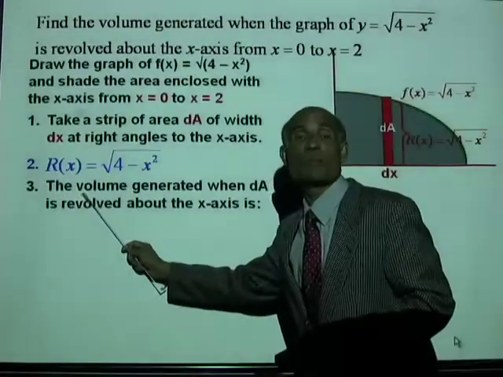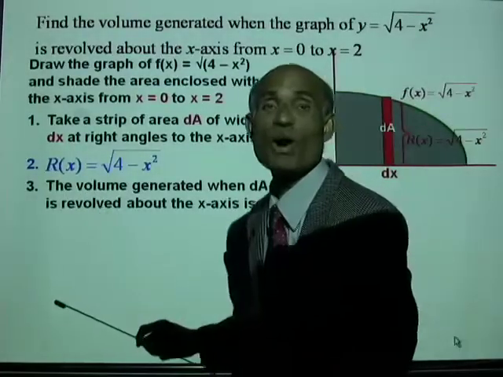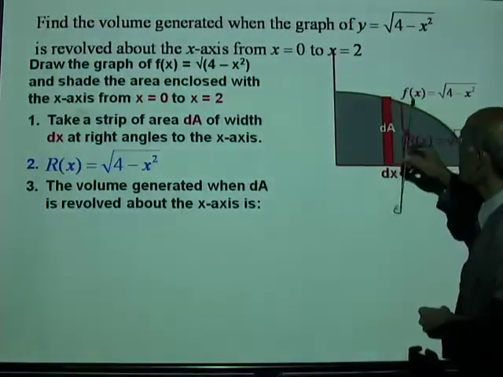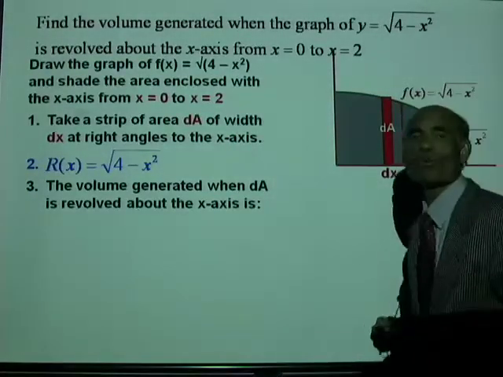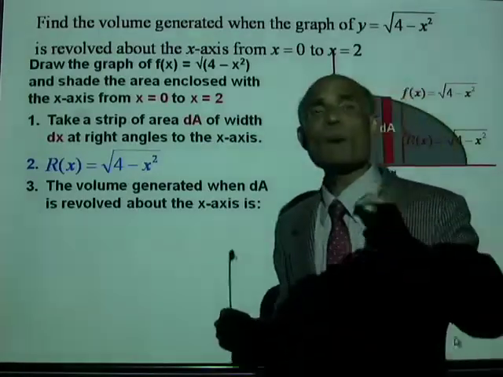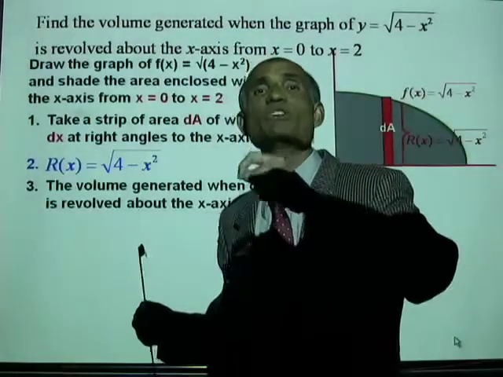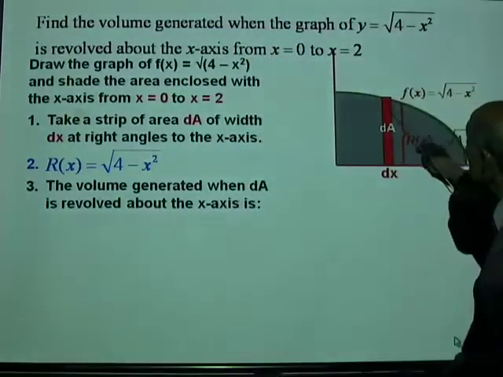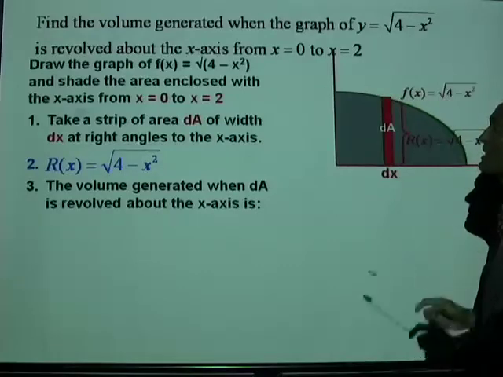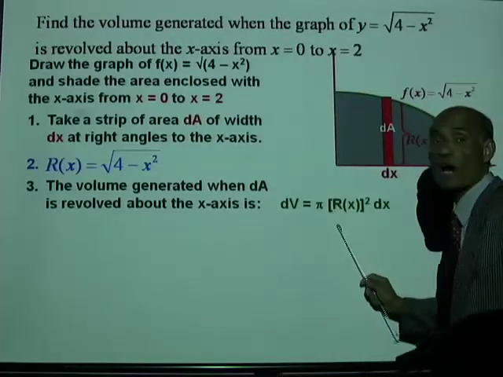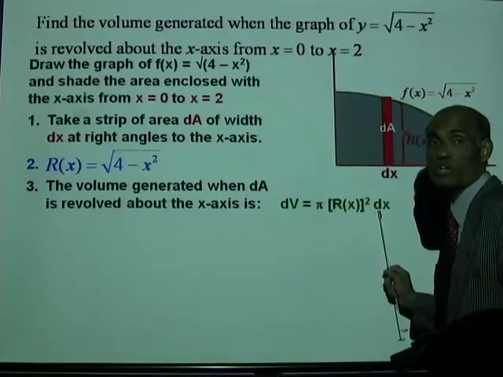The third step, find the volume of the disk generated when this area is revolved. What is the volume of the disk generated? The volume will be pi r squared dx, where r is the radius of the disk, which is this length, which is f of x. So dV equal to pi r of x squared dx.